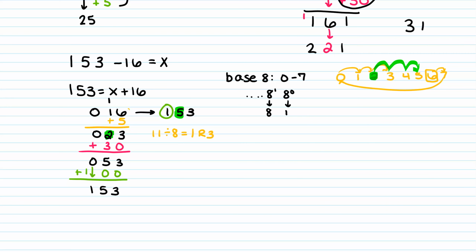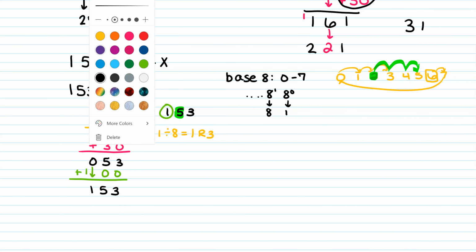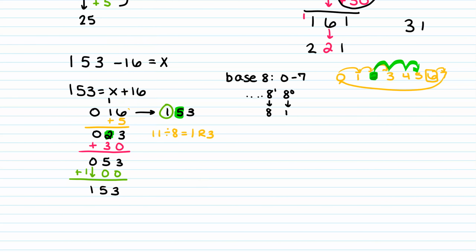So we took in the base, 1, 0, 0 plus 3, 0 plus 5, and that gave us 135 in base 8.